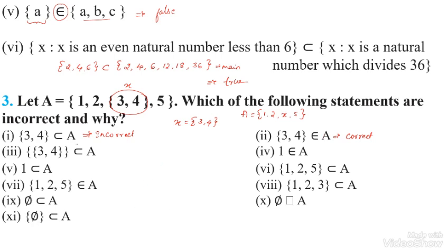Okay. Next, the third statement. So I can take it simply as {3, 4}. Already we know that in place of 3, 4 I can take x. It is a subset of A. When you write like this, it is very clear for understanding.